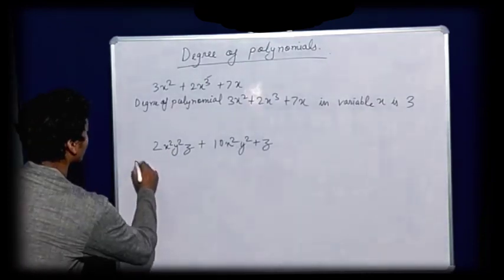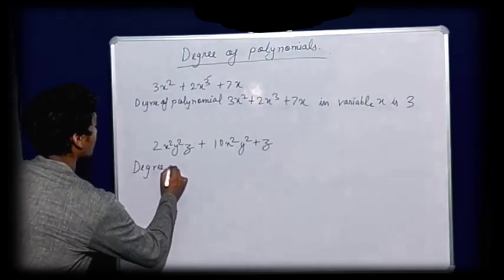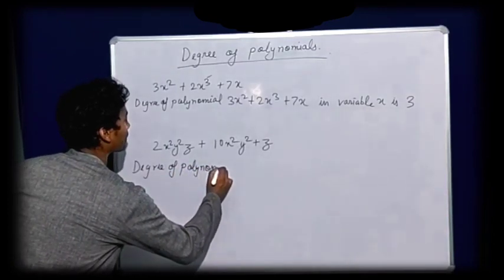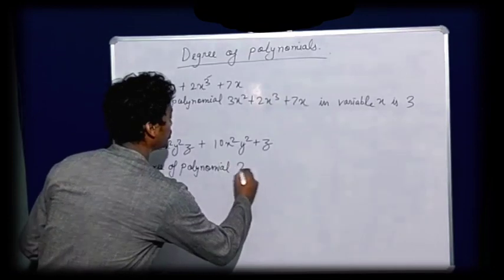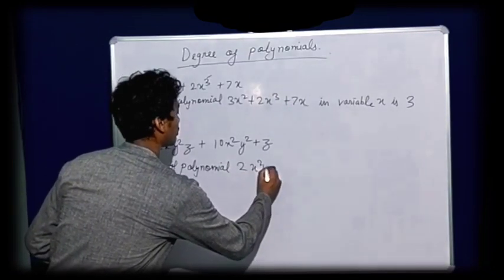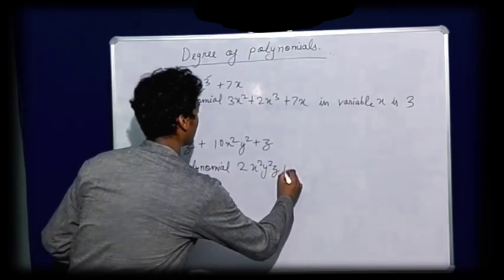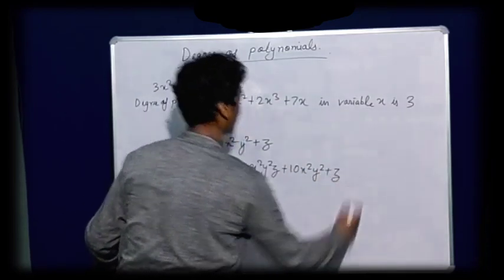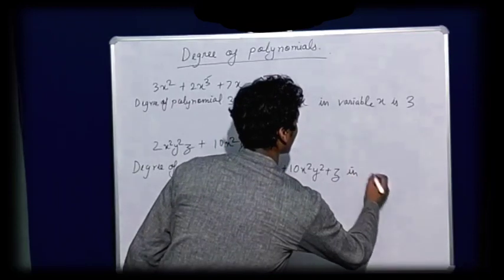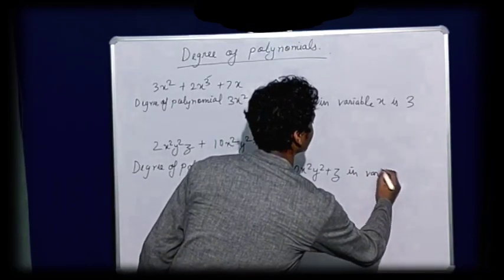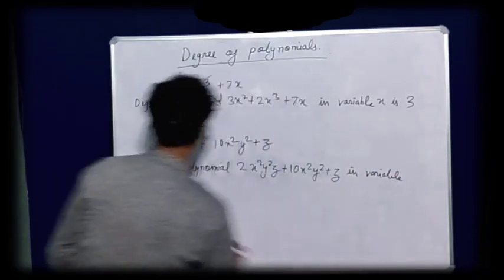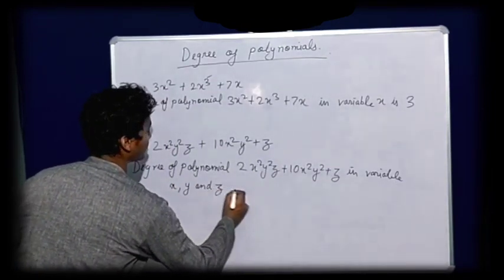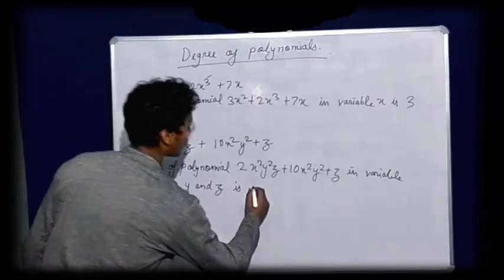So we can say the degree of the polynomial 2x square y square z plus 10x square y square plus z in variables x, y and z is 5.